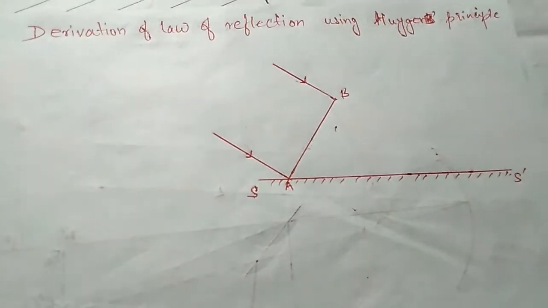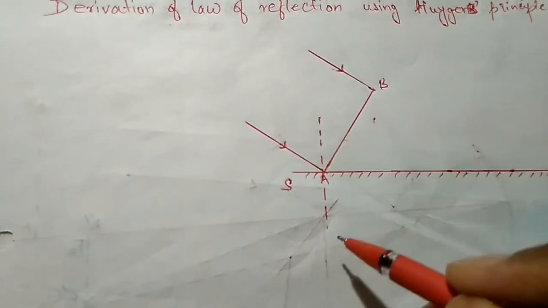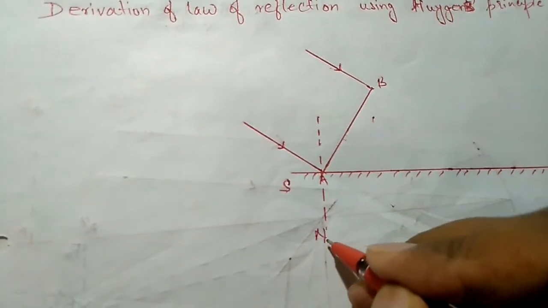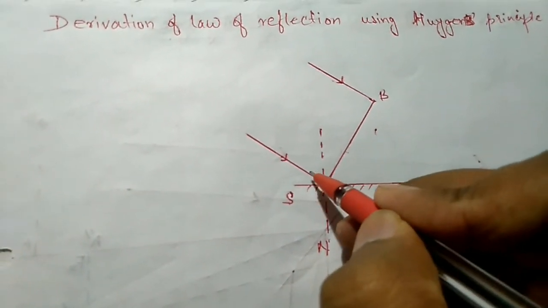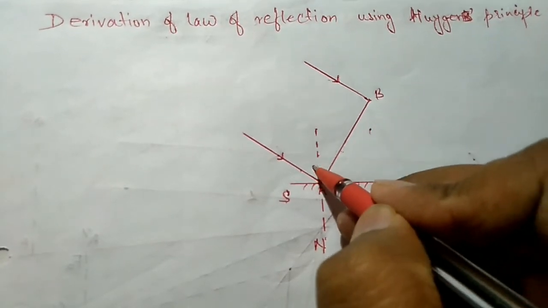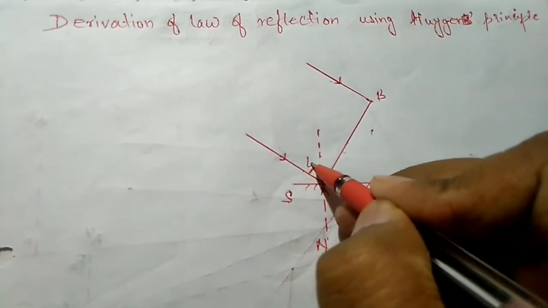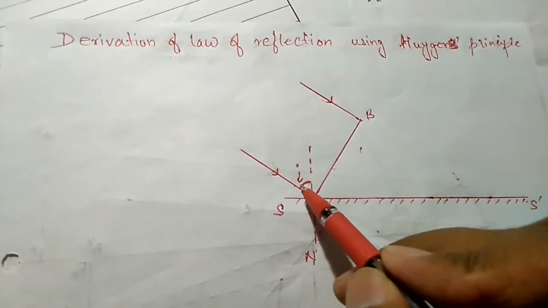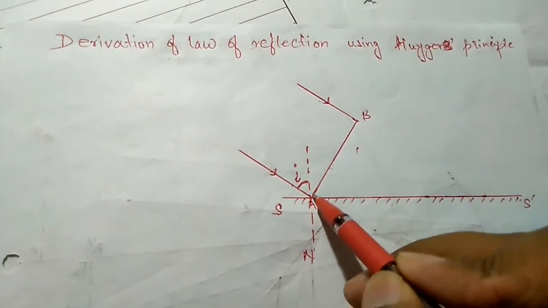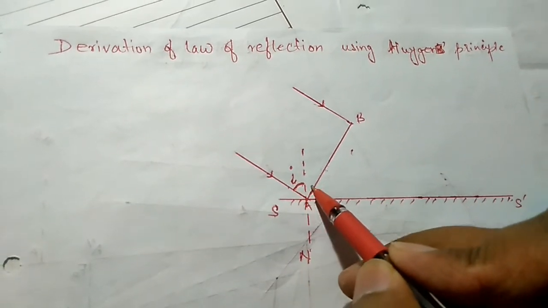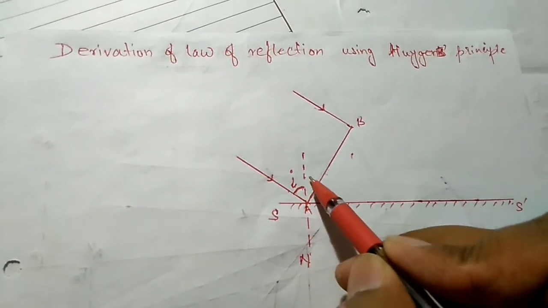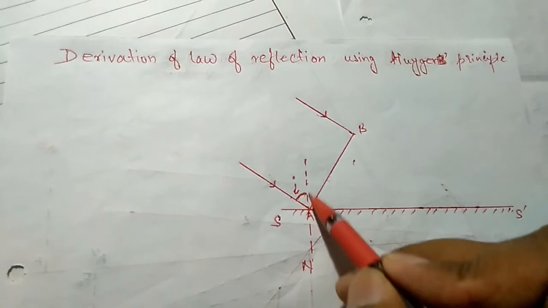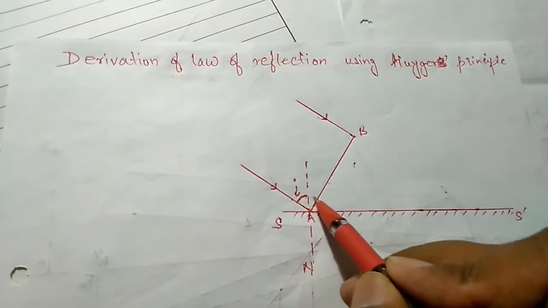So here are the two rays, and a perpendicular, say N, the normal, and the angle between the incident ray and the normal is the angle of incidence. Now see, this ray is perpendicular to this wavefront, so this complete angle is 90, and this normal is also perpendicular to this surface, so this complete angle is 90.